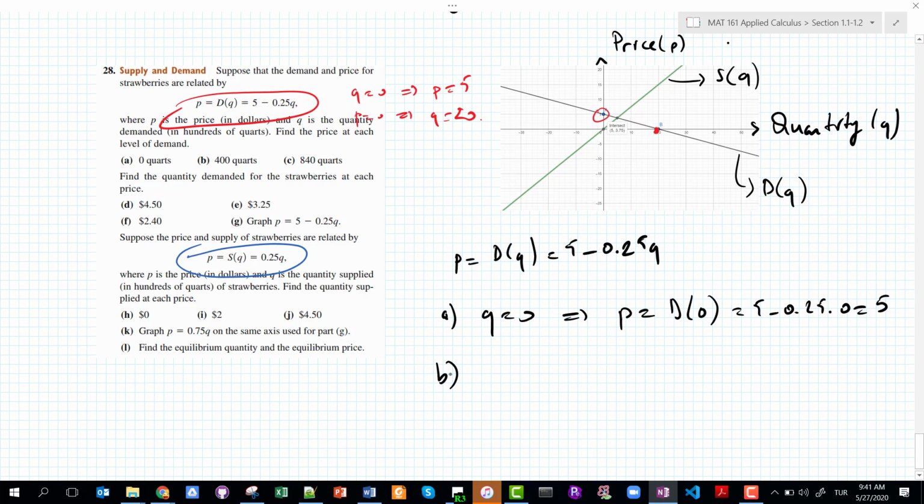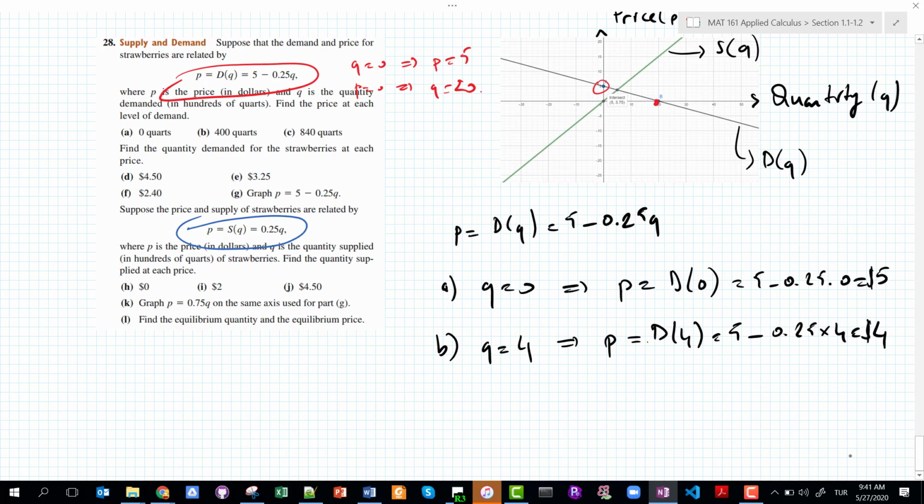If there are 400 quarts, which we will represent as 4 in hundreds, the price will be D of 4. Now I need to use the 4 with respect to my quantity. So 0.25 times 4 gives me 1, so the price is going to be $4 in this case.